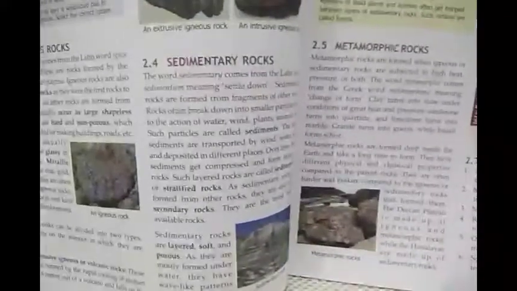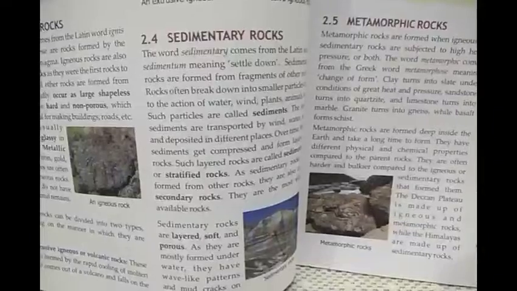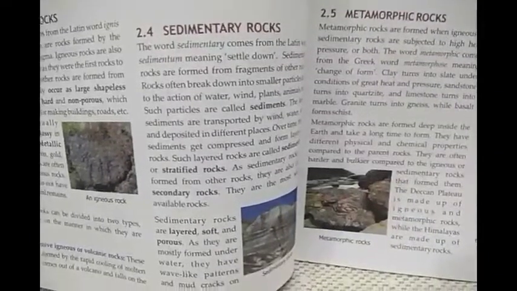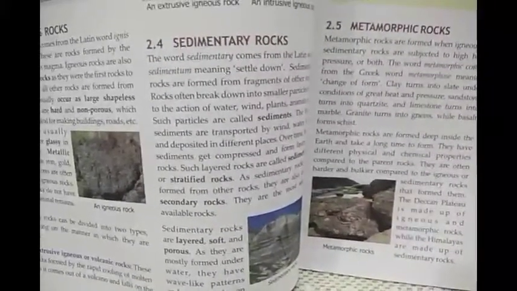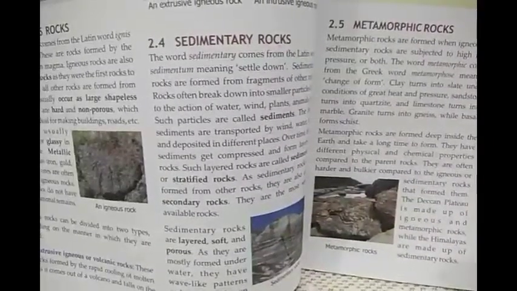The next type of rocks is sedimentary rocks. After the igneous, we have sedimentary rocks. The name sedimentary has been derived from the Latin word sedimentum, which means settle down. Broken smaller particles of rocks are called sediments.